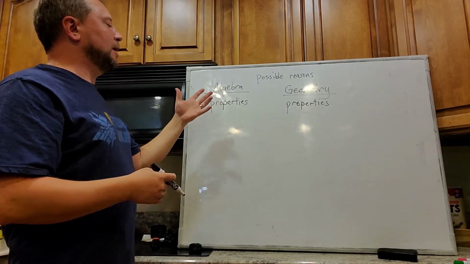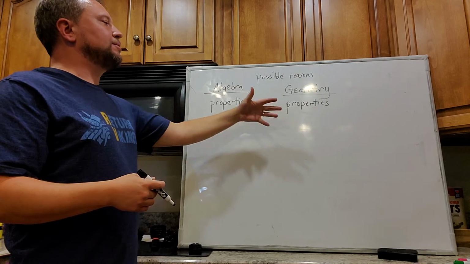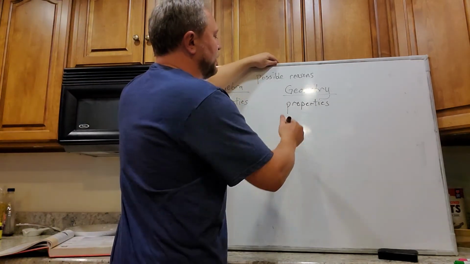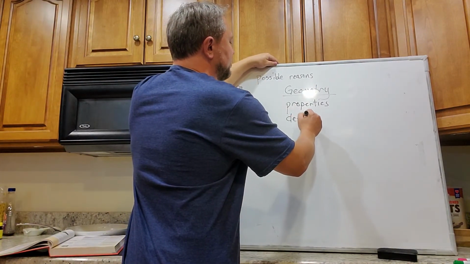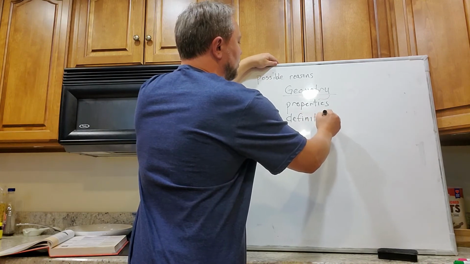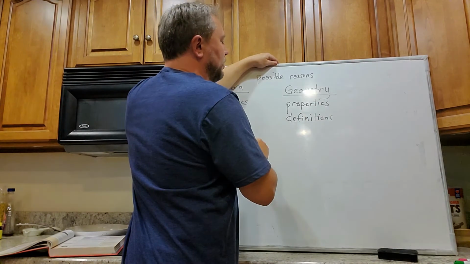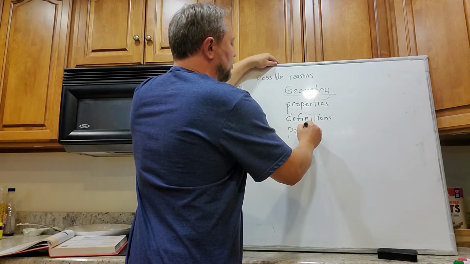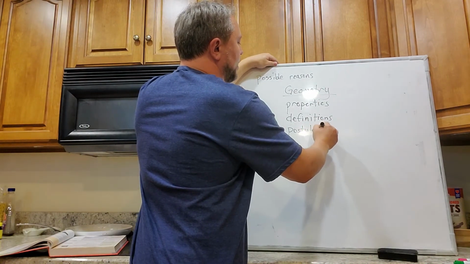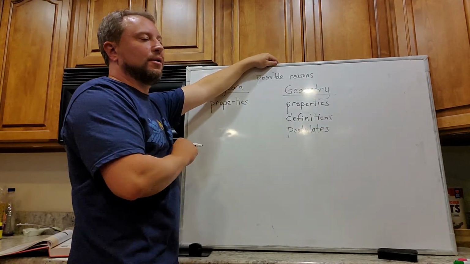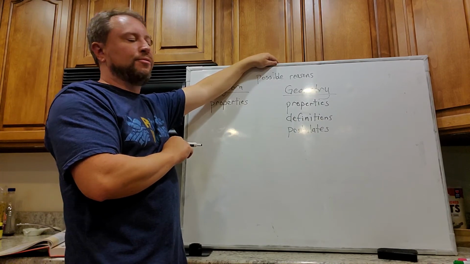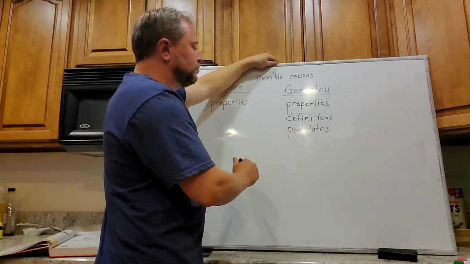You won't be limited to just properties. You might also make use of definitions. You might use postulates that we talk about. Remember, postulates are true statements we can't prove, but we know they're true.